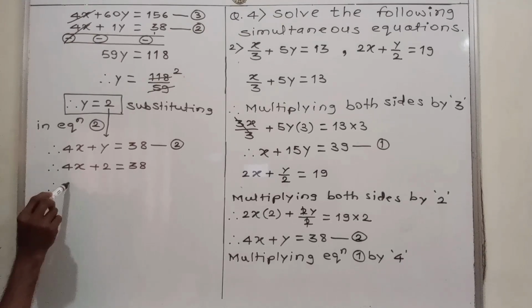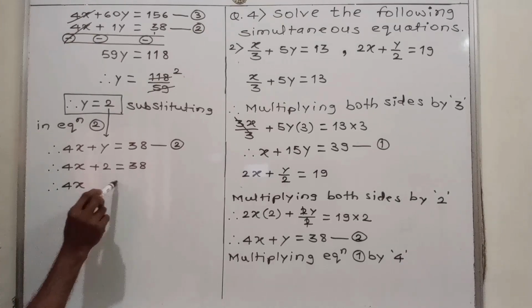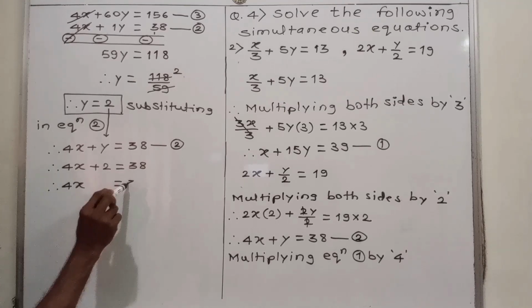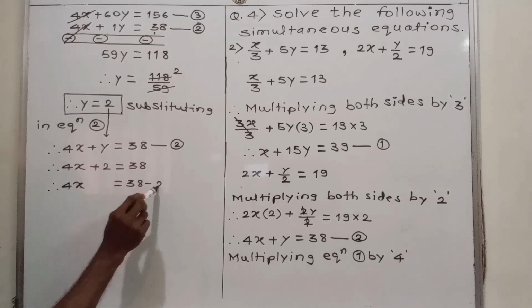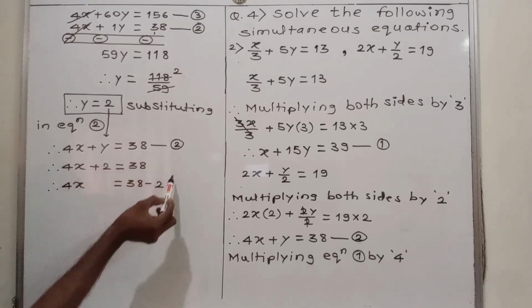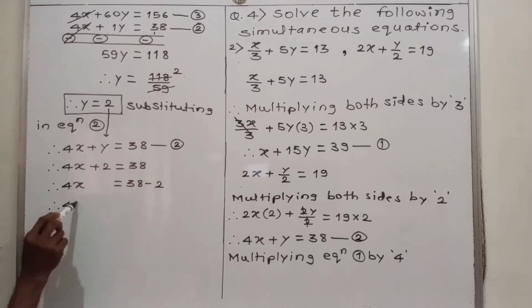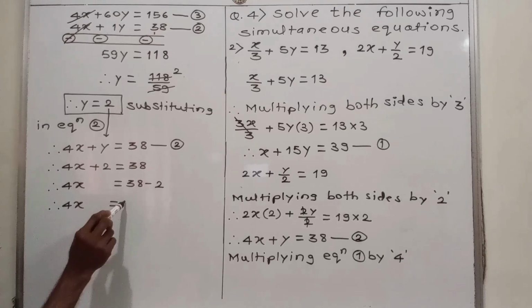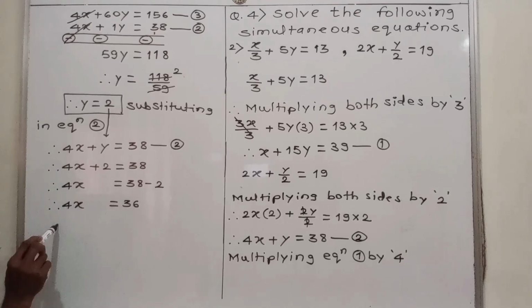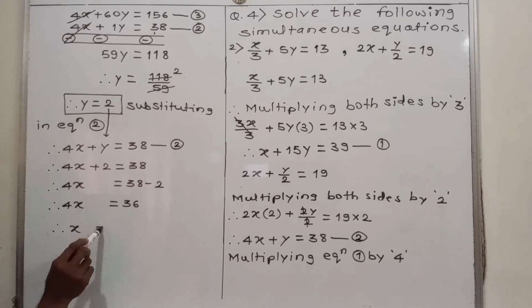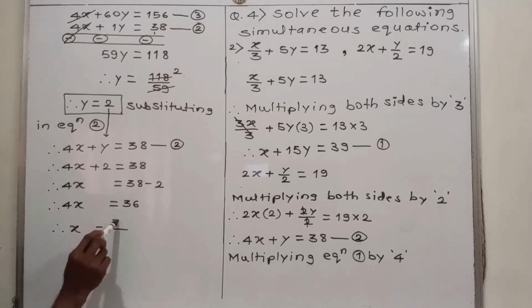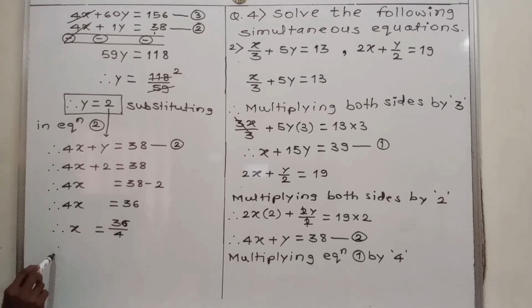Now we take like terms together. Therefore 4x is equal to 38 minus, this plus becomes minus 2. Therefore 4x is equal to 36. Therefore x is equal to 36 upon 4.